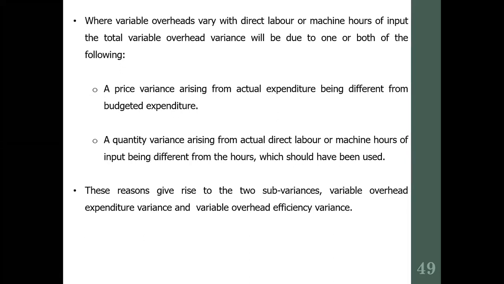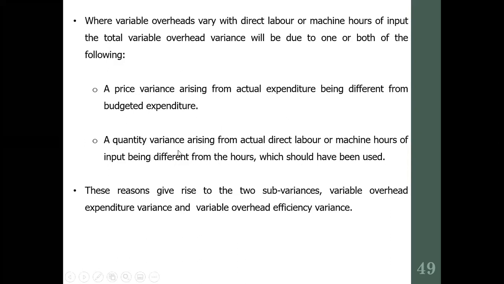So you have witnessed that there was a variance in the variable overhead, and that variance may be due to the following two reasons, or maybe just one. The first is a price variance arising from the actual expenditure being different from the budgeted expenditure, or the standard expenditure.